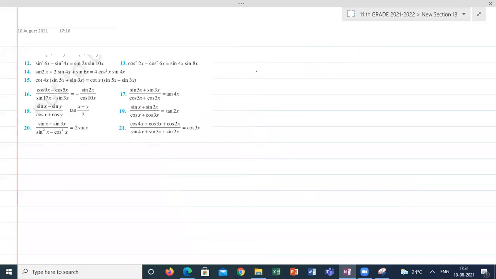See question number 12. Question number 12 is asking us to prove the LHS equals some RHS value. So how does the LHS look? Sine square 6x minus sine square 4x. This is looking like a square minus b square.